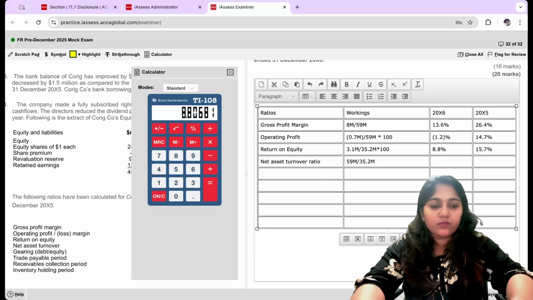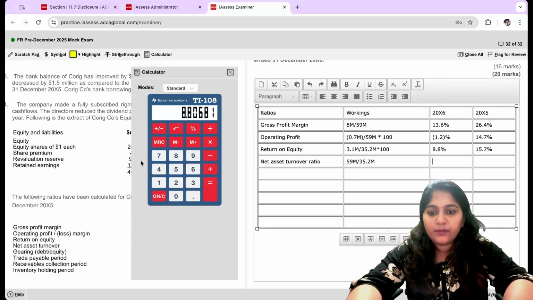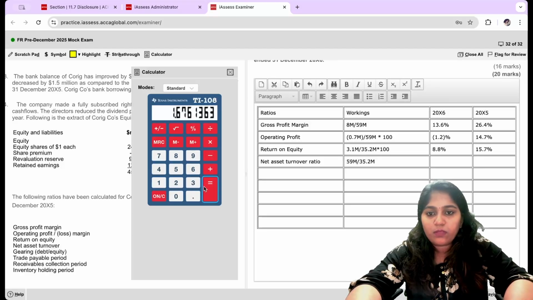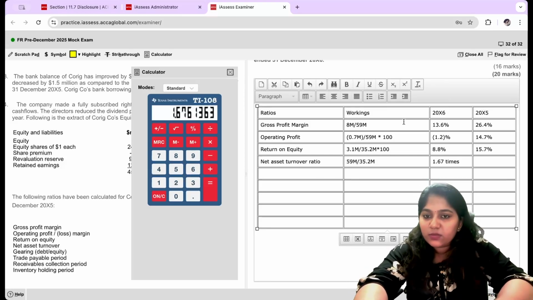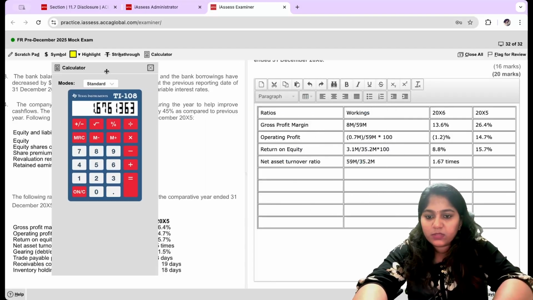So that gives how many times? 59 divided by 35.2. That becomes 1.67 times. But here it is 1.5 times. Correct? Okay.